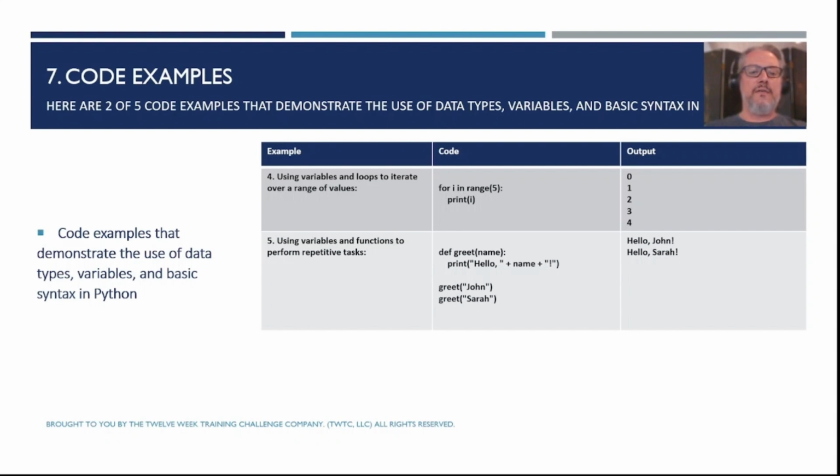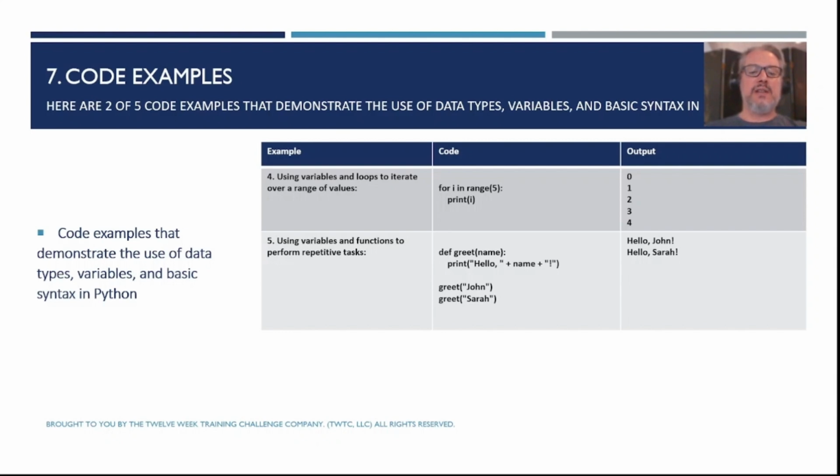Number 5, variables and functions to perform a repetitive task. So there's a greeting name. So print hello, open quote, plus name, plus close quote. Remember in the previous example, name was stored into memory, which is John.